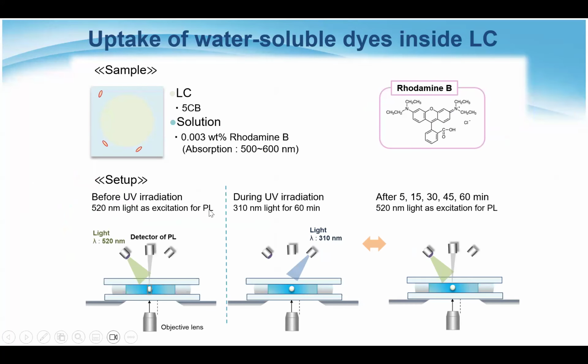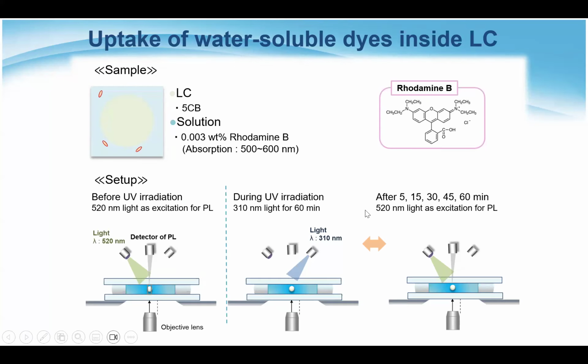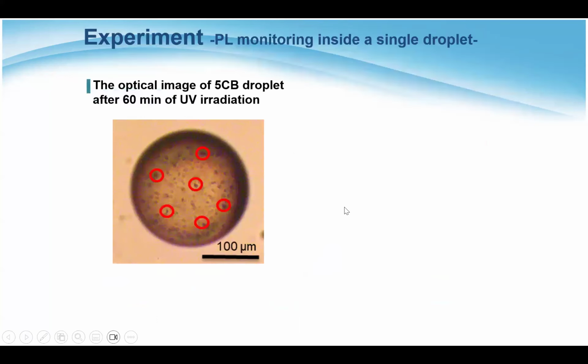And one of the interesting applications is the case of using rhodamine B, a water-soluble molecule, and trying to aggregate it inside the liquid crystalline droplets, by monitoring the single particle fluorescence. This is after 60 minutes of irradiation inside the rhodamine B solution.